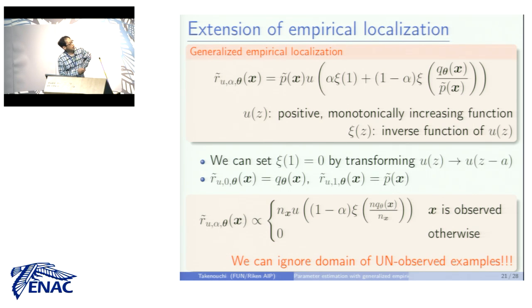And this generalized empirical localization has a property like this. If we set alpha equal to 0, this is equal to the unnormalized model. And if alpha equal to 1, this is equal to the empirical distribution. And this generalized empirical localization model is written like this if x is observed, and otherwise, this is equal to 0. So we can also ignore the domain of the unobserved examples.